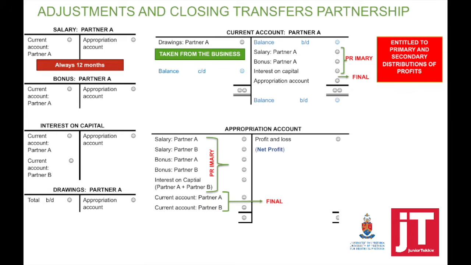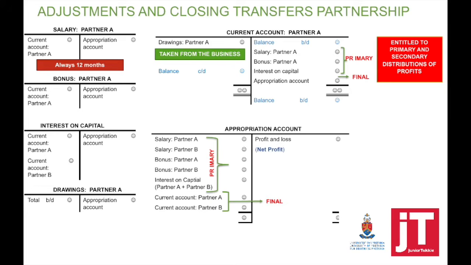In a partnership, drawings is closed off to the current account to show how much the partner has taken from the business. When we're now looking at our final or remaining distributions of profits, we have to take the net profit, which we calculated in the profit and loss account, and subtract all our primary distributions of profits.